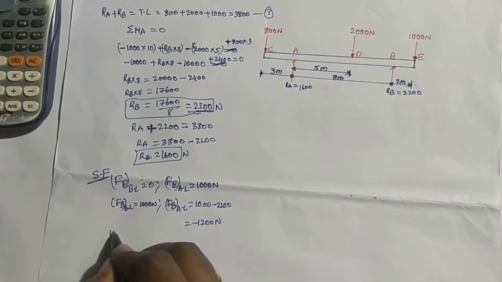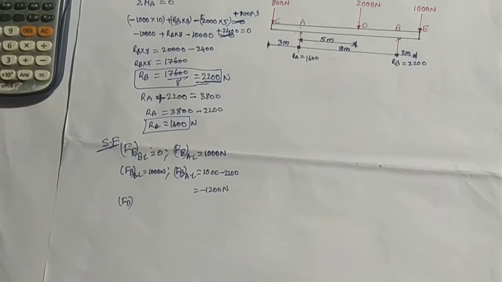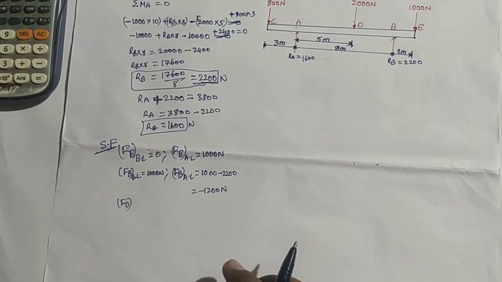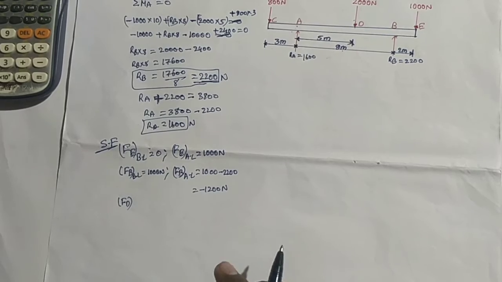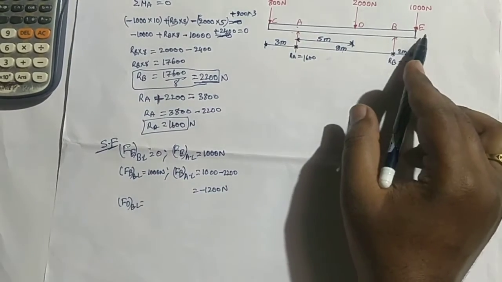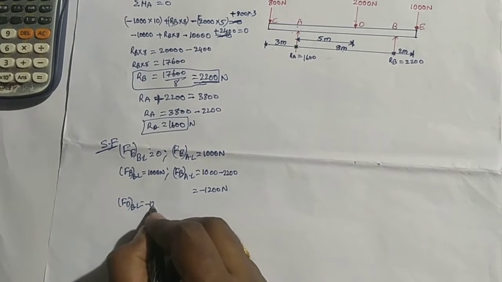Next, shear force at point D. At point D we need to calculate before and after load, because at point D a load is acting. Before load means the right side of the shear force you calculated, minus 1200, it will not change.